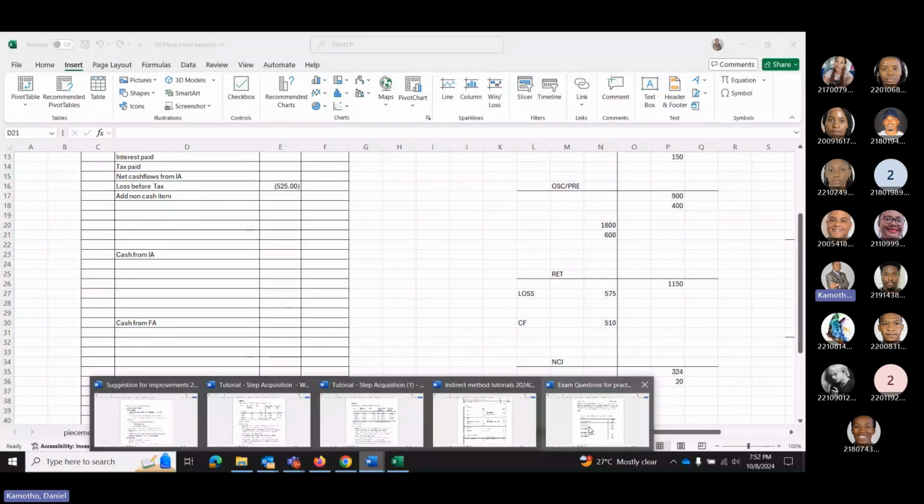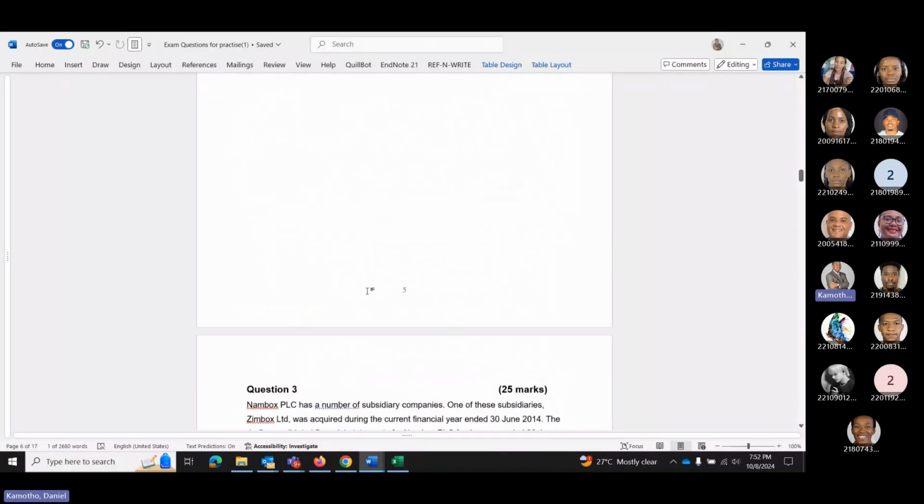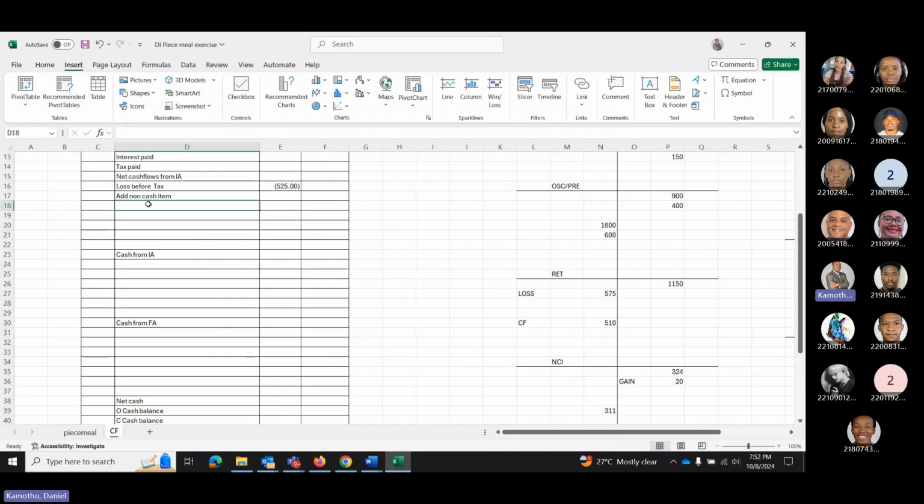If the question says there is finance cost, which is interest, it is subtracted, so we add it back, and we show it separately. So we go to interest and add it back, even before that. We add it back because it will be shown separately. It is subtracted, so we add it back, and interest paid is already there, 25, when it's paid.